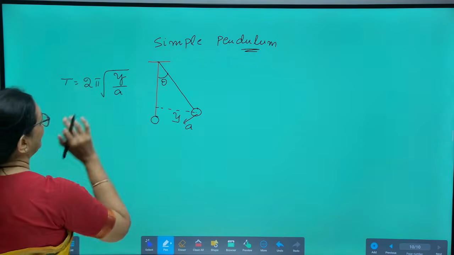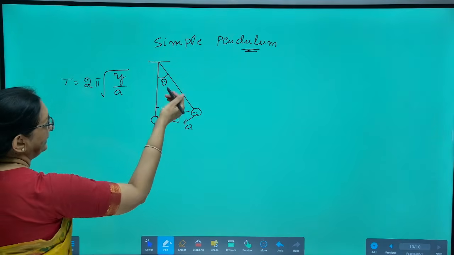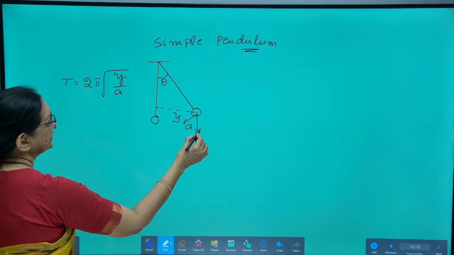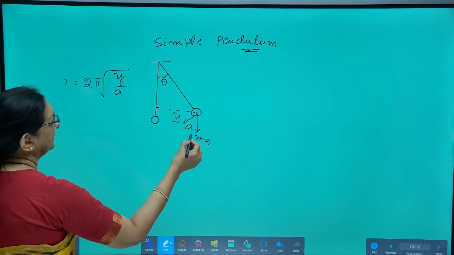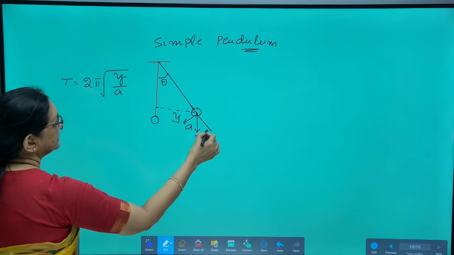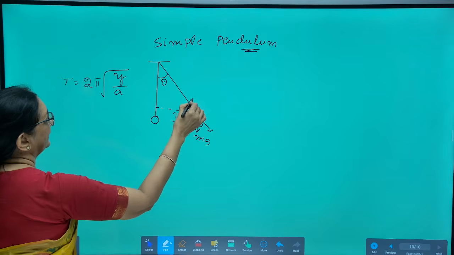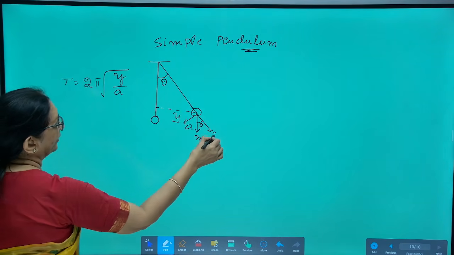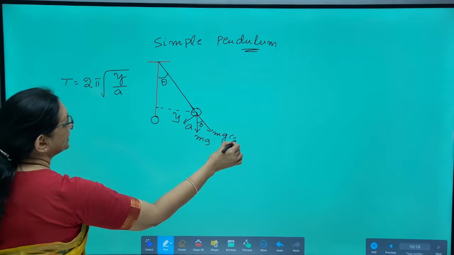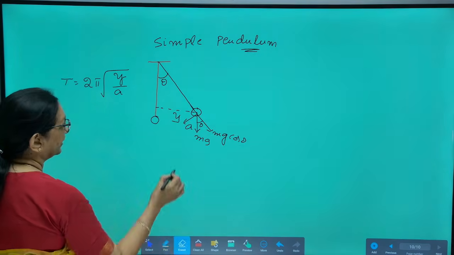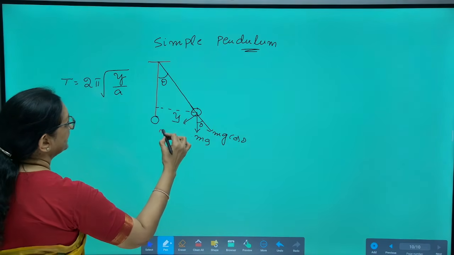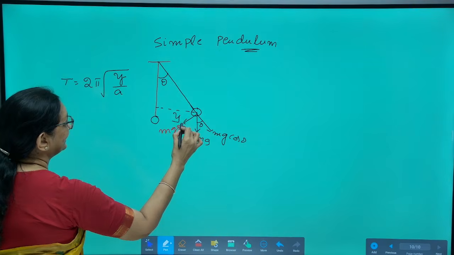Look here. So, 2 pi square root of y by a. If it is just under the gravitational field, mg will be in this direction. See here, this is theta. So, its component along this direction is mg cos theta, and the component of weight along this direction becomes mg sin theta.